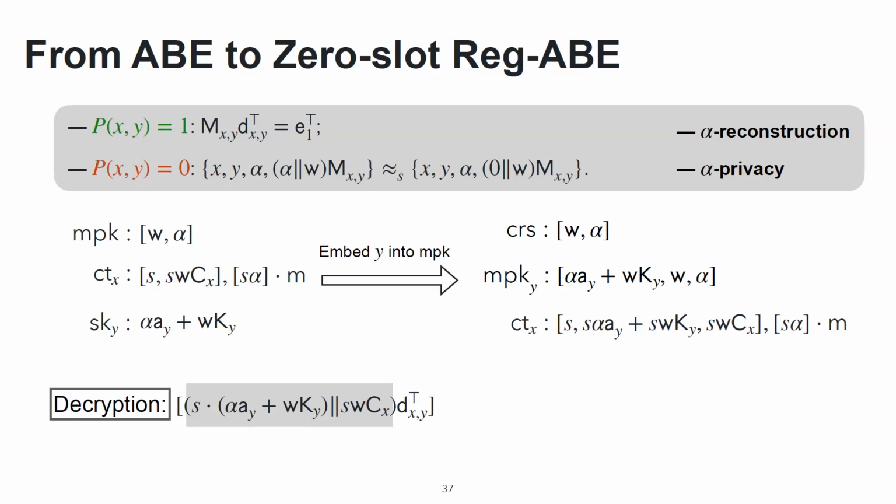If you look at our zero-slot registry ABE, you will see the structure of the ciphertext is very similar to the decryption equation where we highlight. So the decryption is just like in the standard ABE. It can reveal the message with alpha reconstruction if the predicate P_XY equals 1.